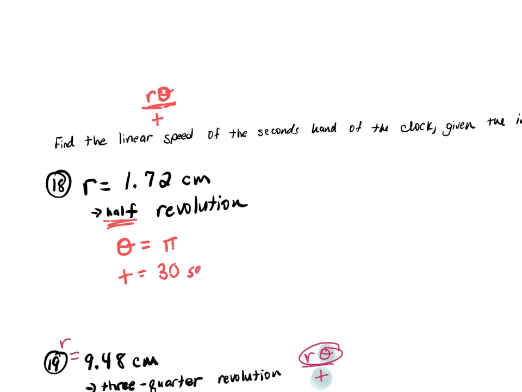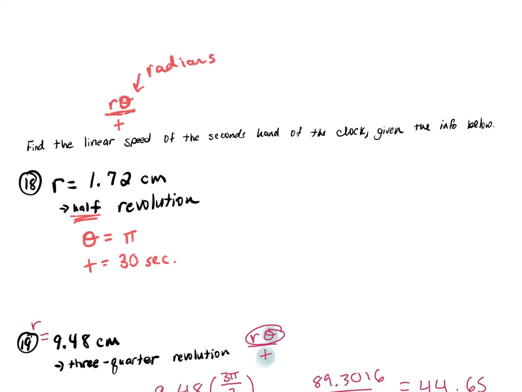Remember, theta is always in radians. So even though on that chart it says 180 degrees, we only care about the pi because we only want to deal with radians. Now we just plug it in. So we have 1.72 times pi over 30.